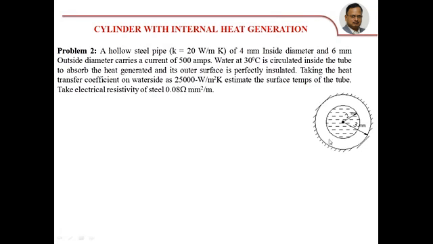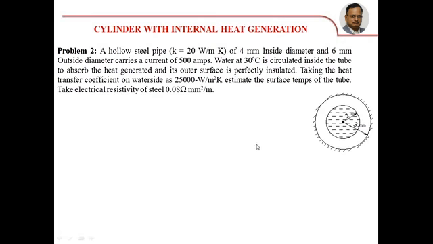So heat generates because this material offers some resistance to the current flow, and that heat generation being a volumetric phenomenon, we represent it as Q dot watt per meter cube, and Q equal to I square R. This heat generated in the wall can't pass through the outer surface, so it totally enters into the water by means of convection.